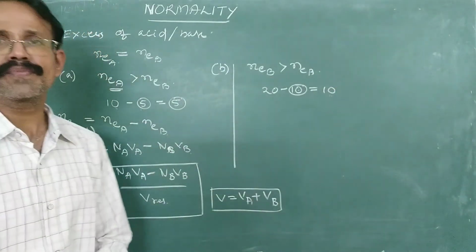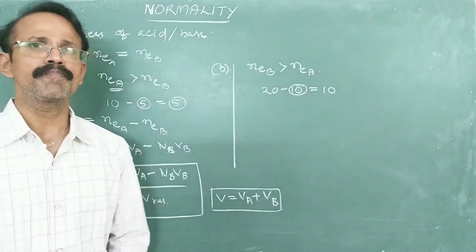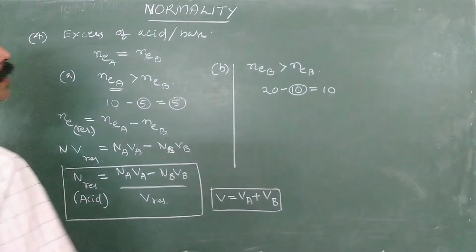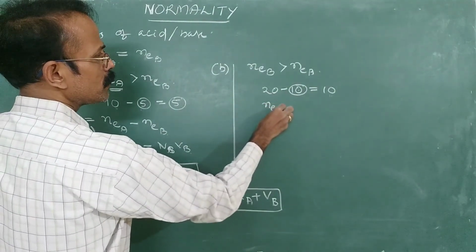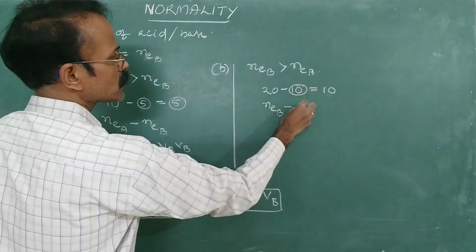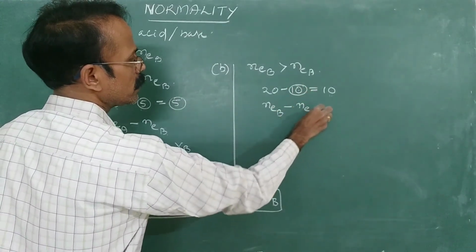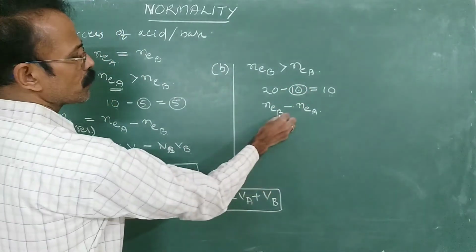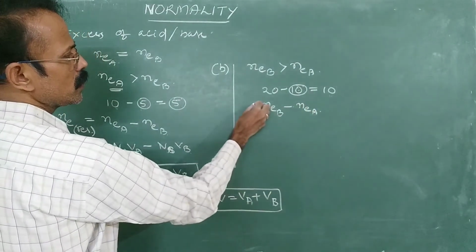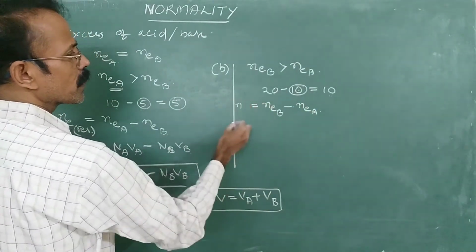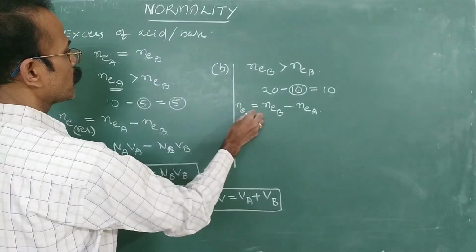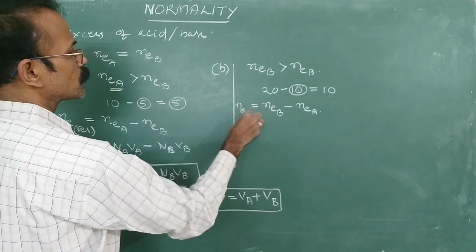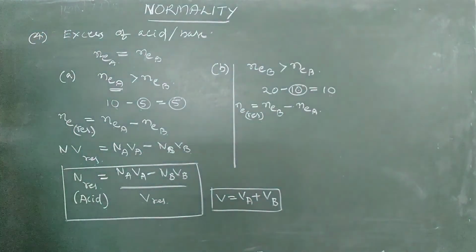So what is the nature of the solution? It is basic. Here the number of equivalents of base is given by NeB and the number of equivalents of acid is given by NeA. Now if you take the difference, that will be equal to the number of equivalents of the resulting solution. This is nothing but a basic solution.